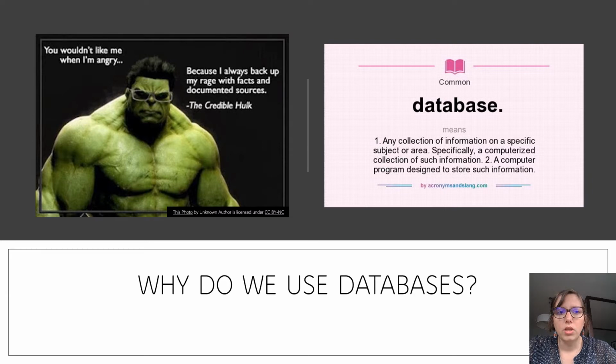So when you are using reliable, relevant, authentic, authoritative sources, you are acting like the Incredible Hulk who backs up his rage with facts and documented sources. When you take the time to go through and find reliable, authoritative, relevant articles online, it's a lot of work to sort through to figure out why it's authoritative, where it comes from, what the author's origin is.